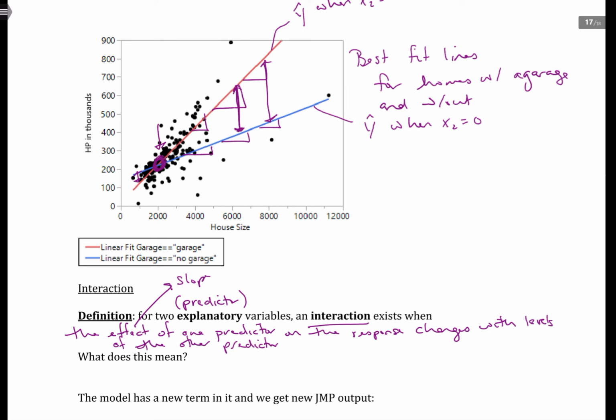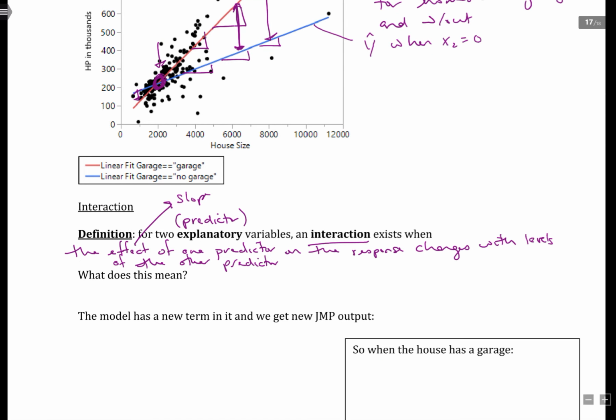So again, we see a very different effect of garage versus no garage just by changing the size of a house. That means we have an interaction present. This means that the lines on the plot are not parallel.